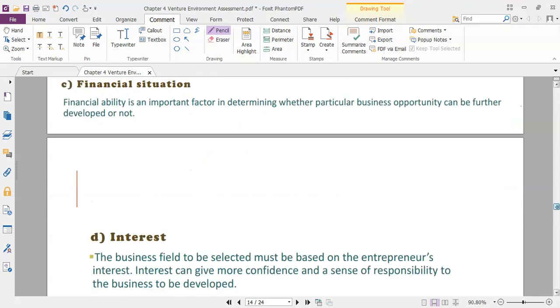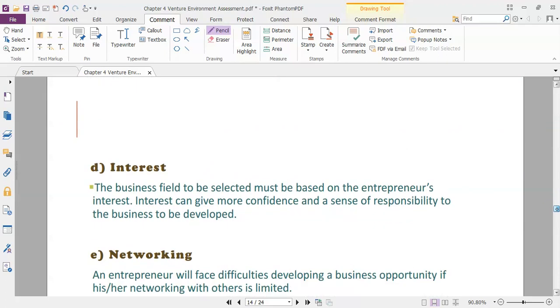The interest: the business field to be selected must be based on the entrepreneur's interest. Interest can give more confidence and a sense of responsibility to the business to be developed. If there is no interest, how can you be responsible towards your work? That is also important.